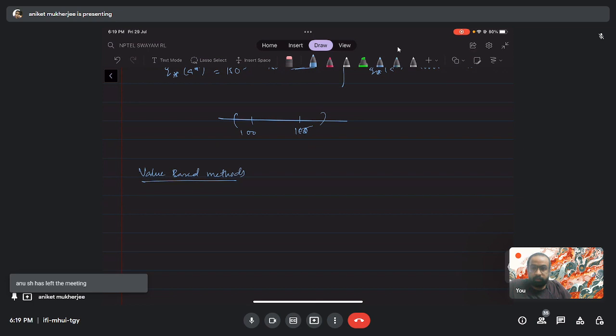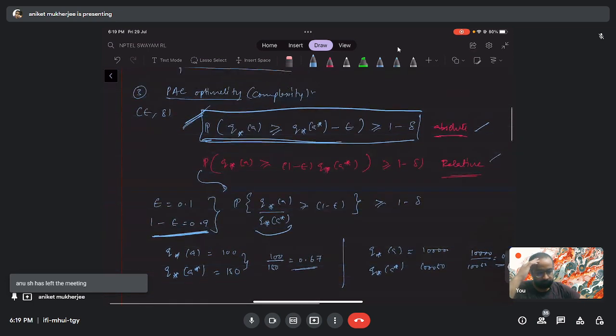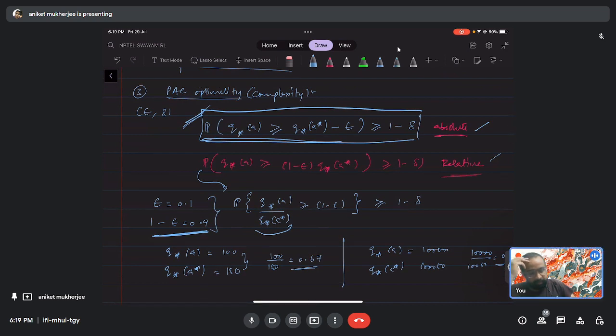Sorry, one interruption. What is the delta in that previous example? Yes, please. So delta is a number between 0 and 1. So it's a probability that you need. I give you an algorithm and an epsilon, and you say with what probability I can satisfy this condition.